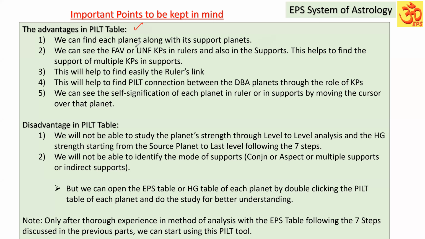We can find each planet along with its support planets. When I show you the PILT table, you will understand each planet's PILT. Suppose we are studying planet Jupiter, that is the ruler. The Rasi Lord, suppose Jupiter is in the Rasi of Saturn, will be shown separately.